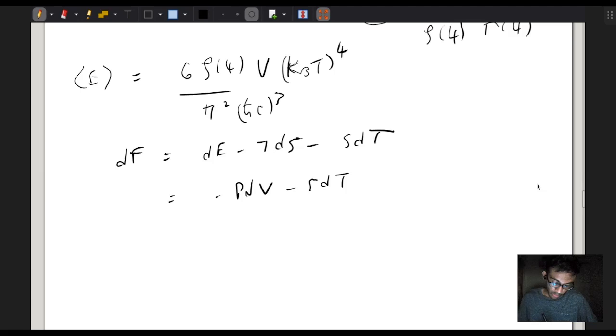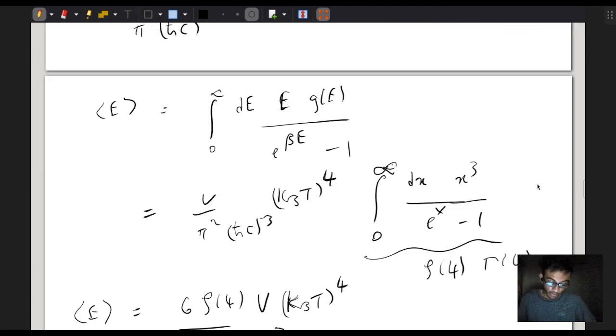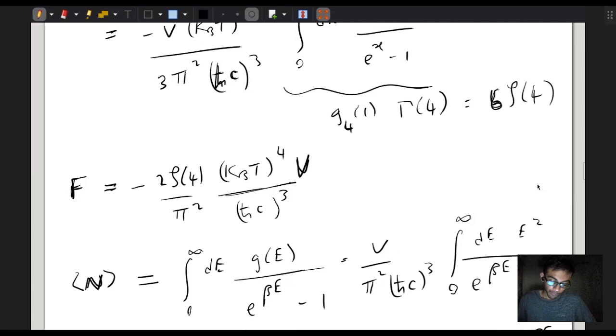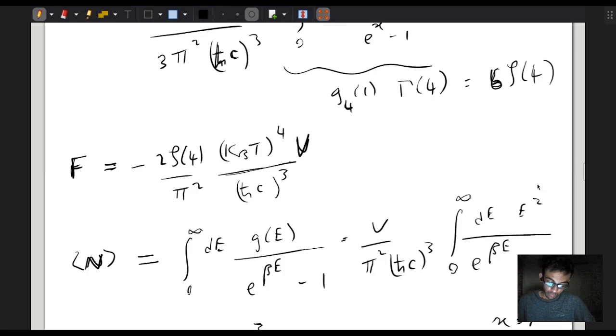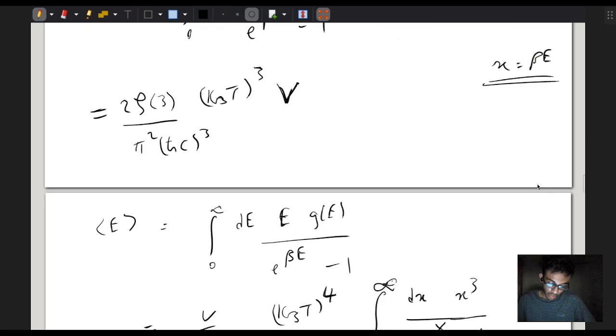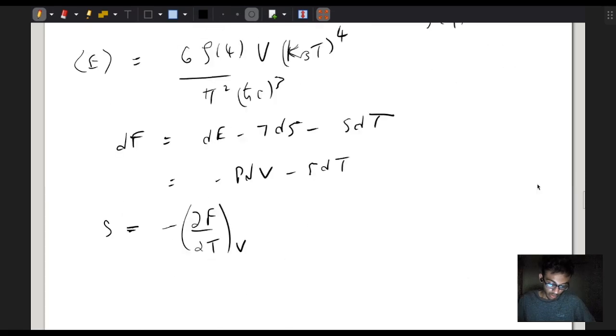So the entropy is nothing but minus dF by dT at constant volume. We have the free energy in this expression, so we need to take the derivative with respect to temperature.